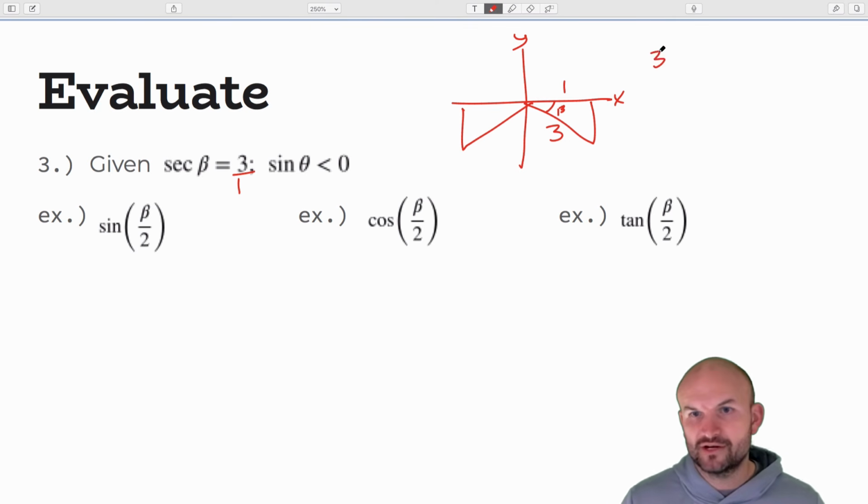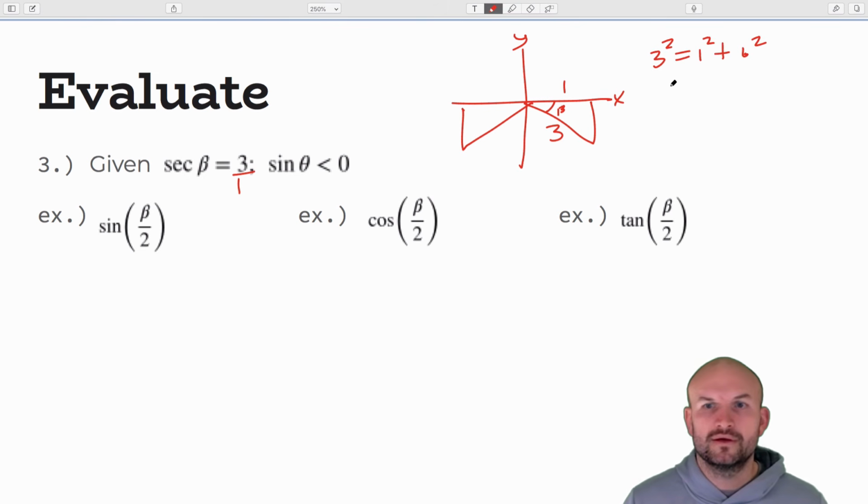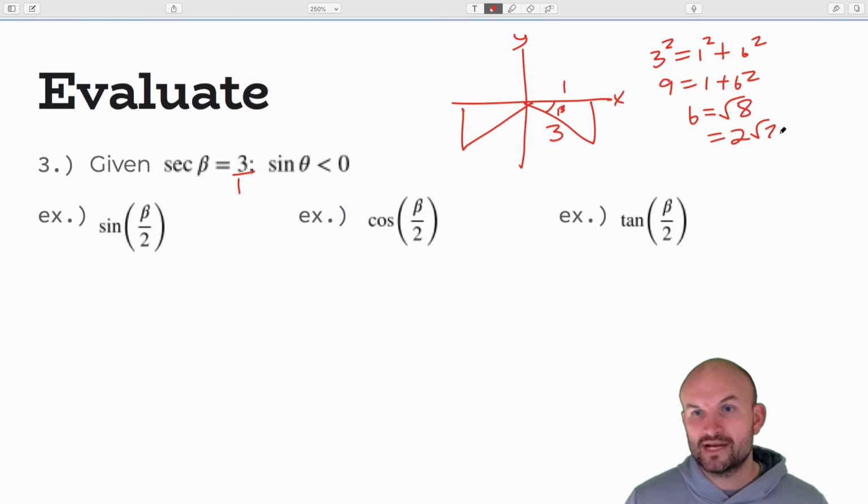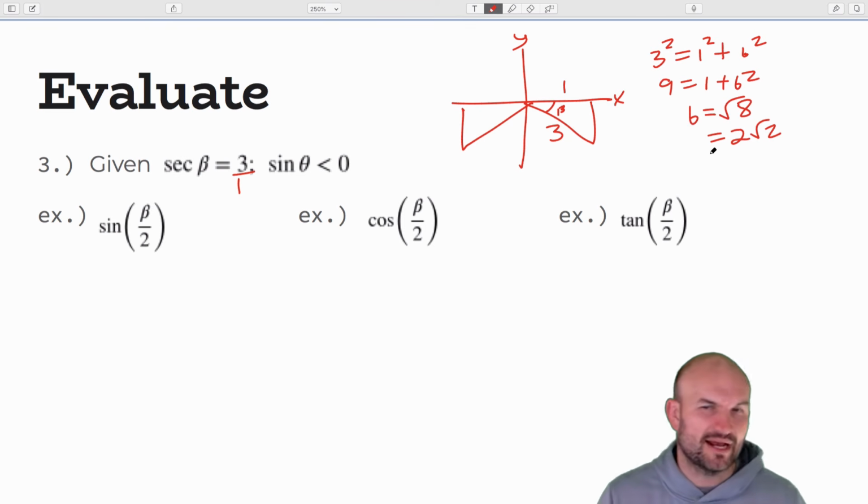So doing a little Pythagorean theorem, 3 squared equals 1 squared plus, let's call this b squared. Therefore you get 9 equals 1 plus b squared, and hopefully you get b equals the square root of 8. We could also write that as 2 radical 2, right?